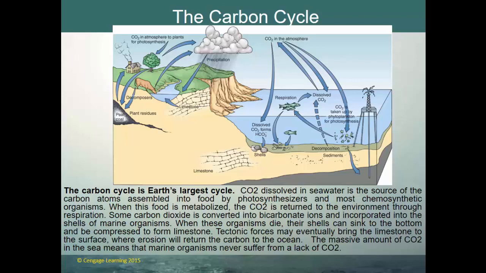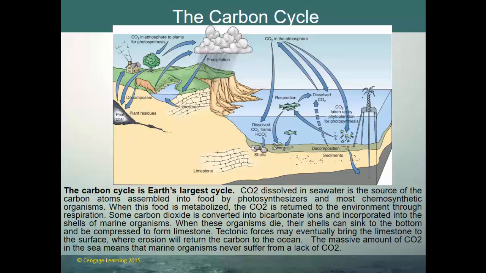Carbon dioxide is converted into bicarbonate ions, and then incorporated into the shells of marine organisms. So in the ocean, CO2 itself can become a bicarbonate ion, and then that can be used in the building of shells or corals or other marine organisms. Now, when those organisms die, including corals, their shells can sink to the bottom of the ocean and then be compressed by more sediment on top of them, creating compression and what we call lithification, and turned into limestone.